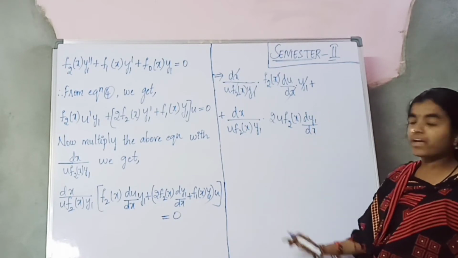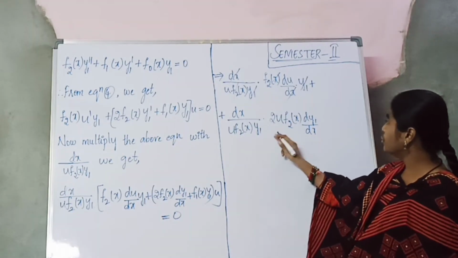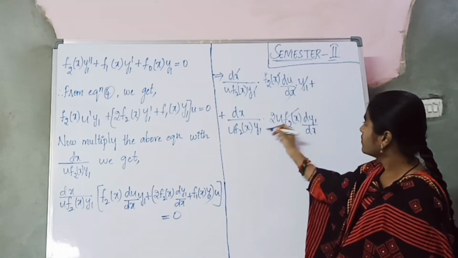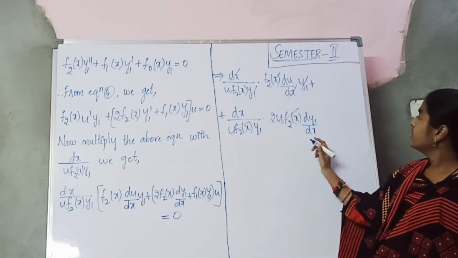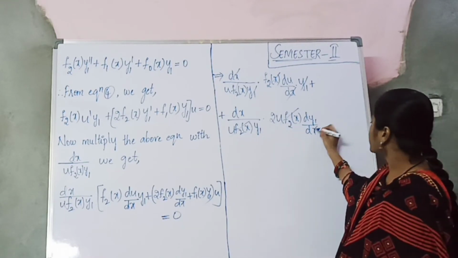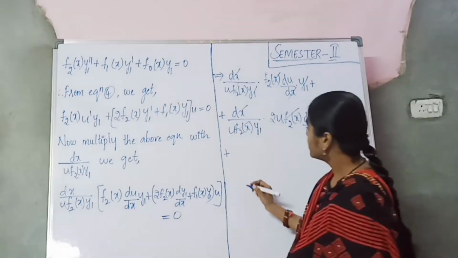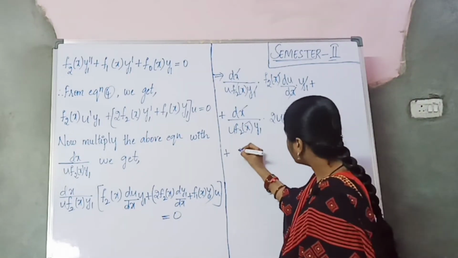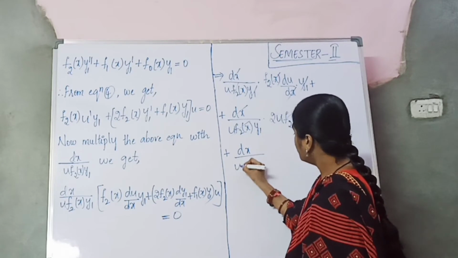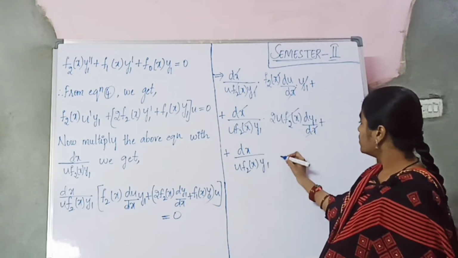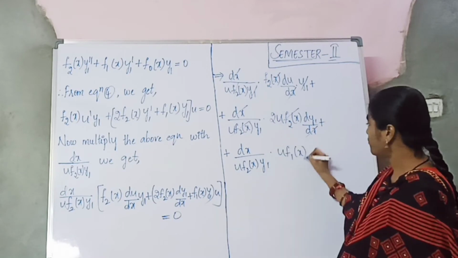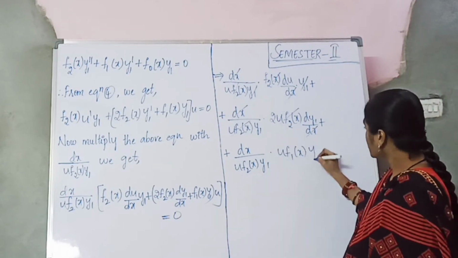Both u f2(x) are cancelled, and both dx are cancelled. Plus again, dx by u f2(x) y1 into u f1(x) into y1.